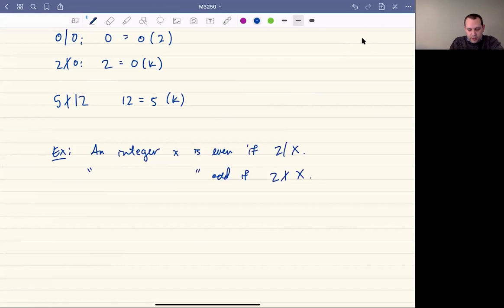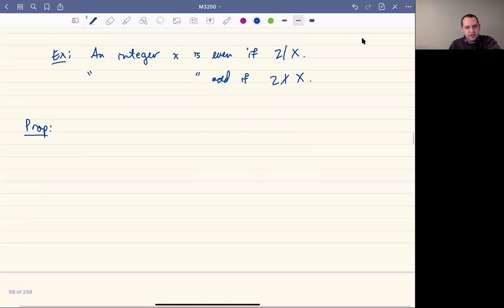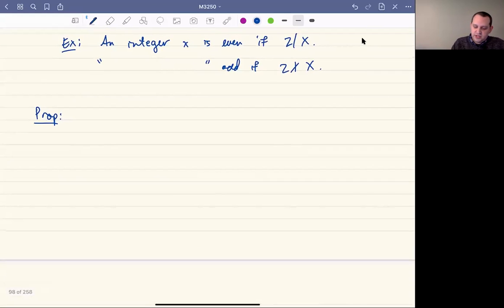One other proposition that I want to talk about, and this is something I'll leave to you as an exercise, is the following. This is written up really nicely in the notes, so I'm just going to give a sketch. Every integer divides itself, so that's true for all integers x. I'm using our for all notation; remember that we talked about this in the quantifier video. 1 divides every integer, again for all x.